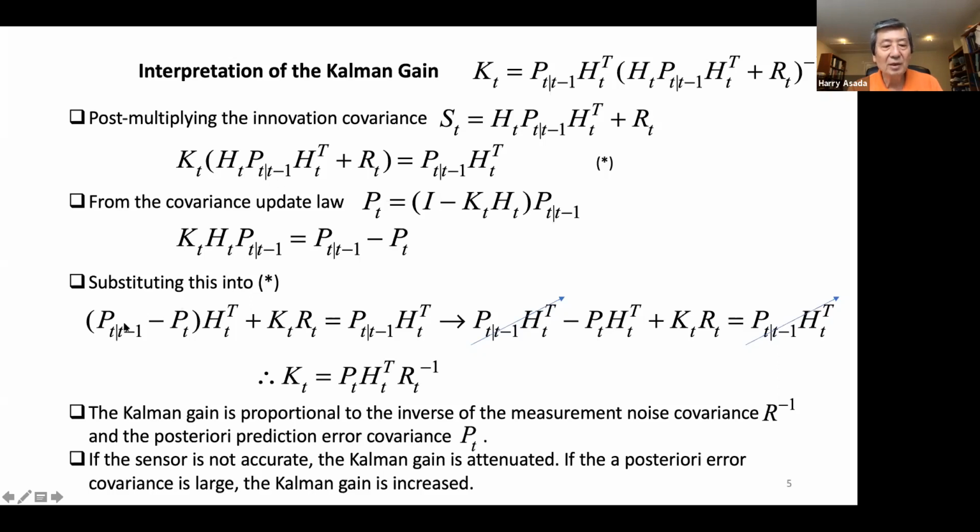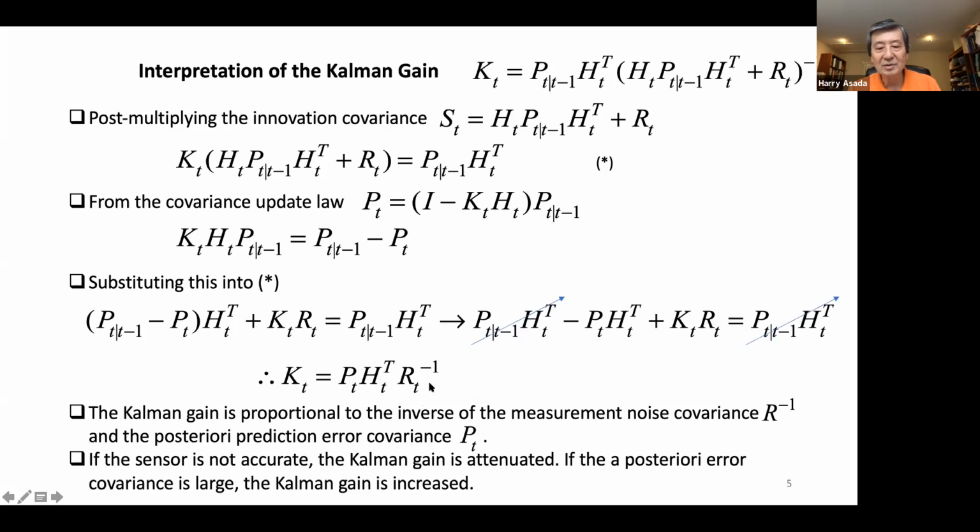So putting this here, P T|T-1 minus PT, and then HT transpose, and this multiplies KT, and the rest of the part is this one. Now distributing this to these two terms, the first term here is exactly the right-hand side, so these two cancel out, leaving these two terms from which we can solve for KT, the Kalman gain. So the Kalman gain KT equals PT HT transpose RT inverse.